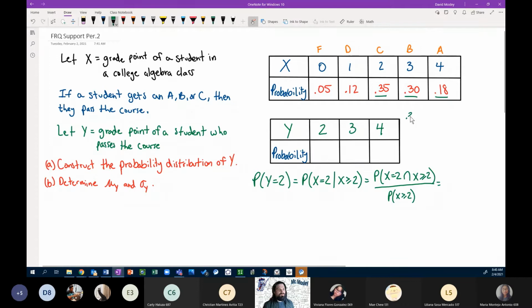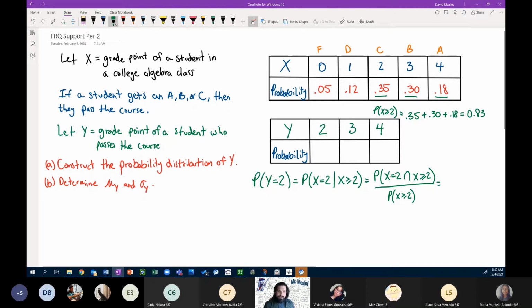So we get 0.35 plus 0.30 plus 0.18, and that works out to be 0.83. So this is the probability of X being greater than or equal to 2 that we need for this calculation.